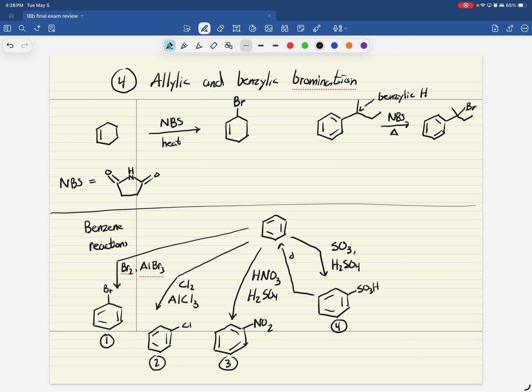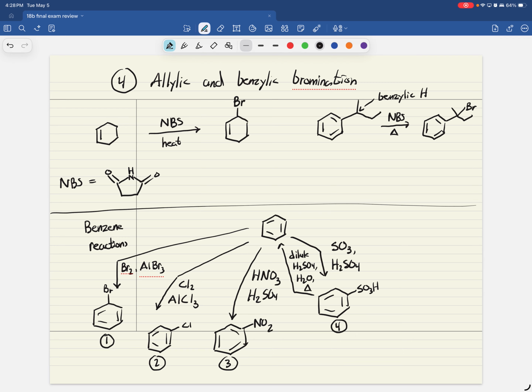So dilute meaning H2SO4 with water in it. So dilute acid with heat, and you also have to heat it a bit. Heating will get it started, and you'll get back to the benzene. So that's how we can take off the sulfonyl group, block a position, and then put it back on. So that's a synthetic strategy.